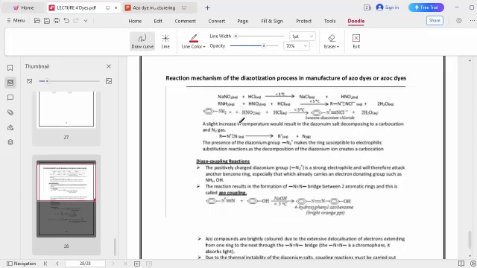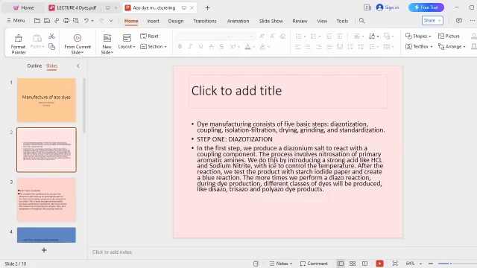And then if we further react the primary aromatic amine with nitrous acid, this is the next step, which is known as diazotization.